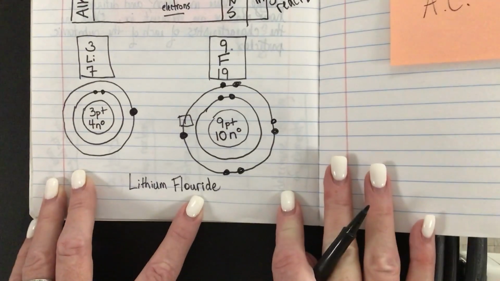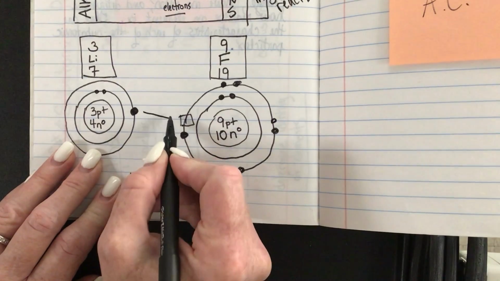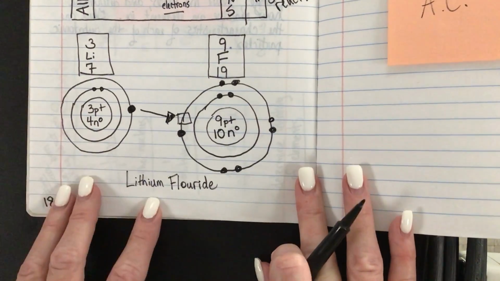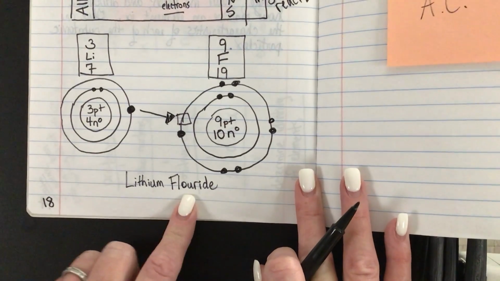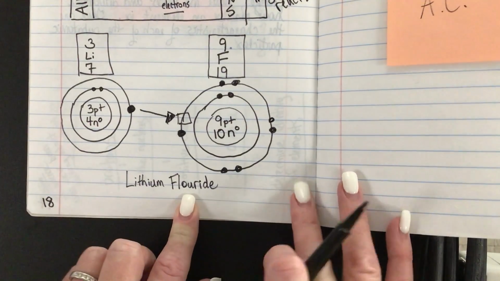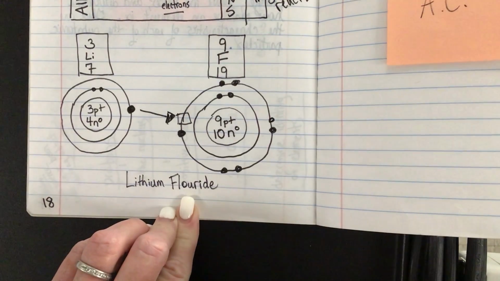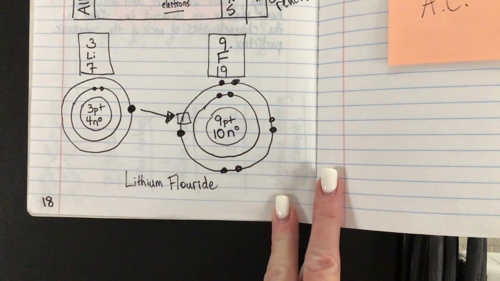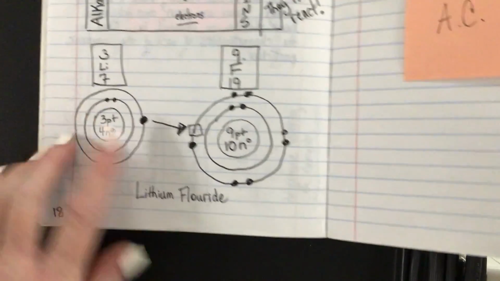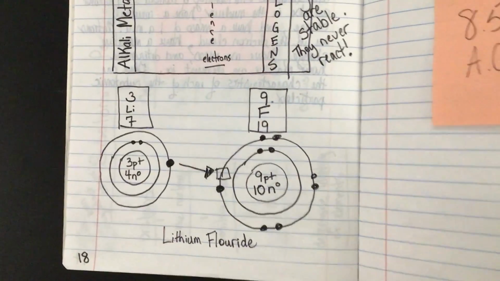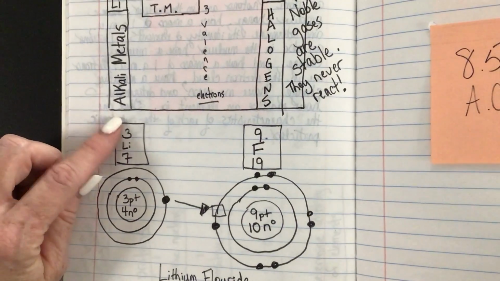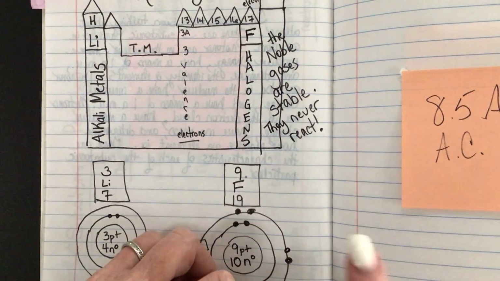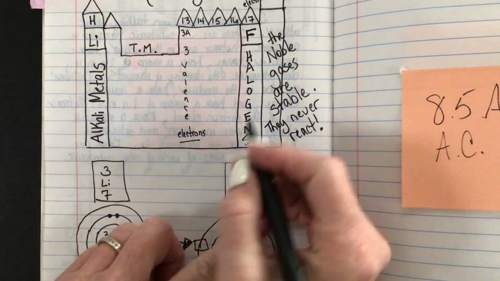But together, they would share that electron, and they would come up with something called lithium fluoride. And what does it look like? It would be a bond, it would be a chemical bond. So by bonding, and that's what we mean by reactivity, these metals, the alkali metals, are the most reactive metals, and the halogens are the most reactive nonmetals.